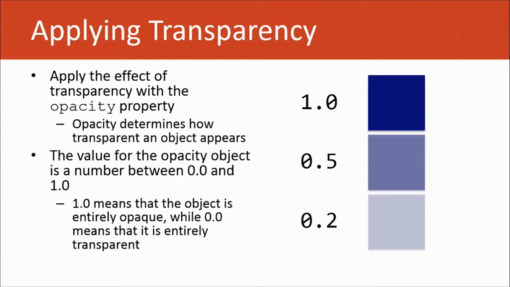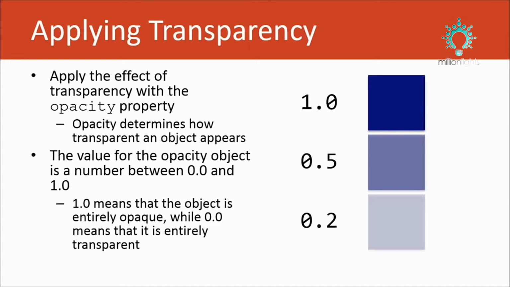All right. In addition to the rounded corners and also to shadows, we can make shapes more transparent. Or rather, we can add a transparency effect to a shape, or to an element. And so we do that with the opacity property, right? Opacity determines how transparent an object appears, and the value for this property should be somewhere between 0 and 1.